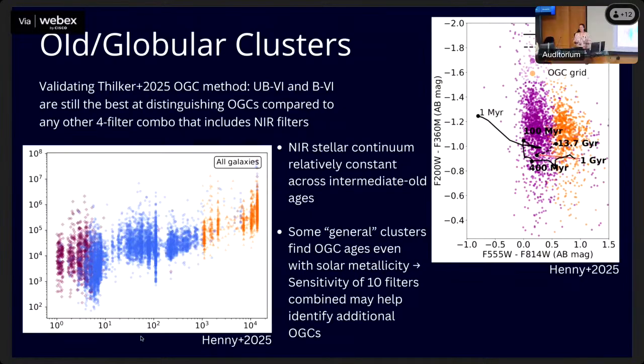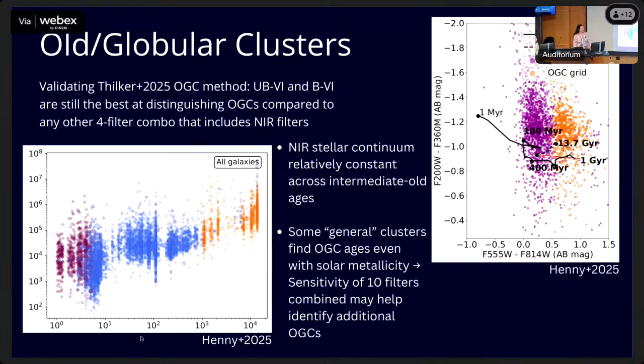Like globular clusters, for instance. From more intermediate ages to globular ages, the near IR does not really evolve very much. And so you can see in this plot over here, this is an optical color, and then we have a near IR color, and they're totally overlapping in near IR space.